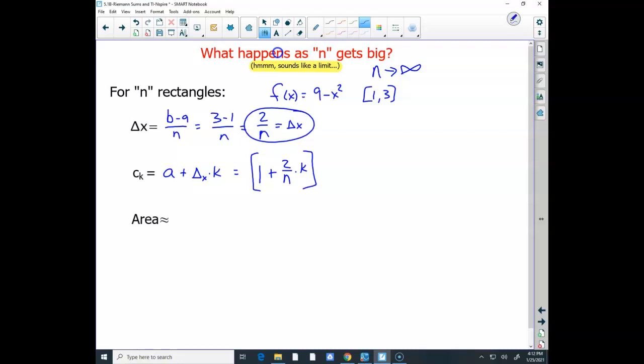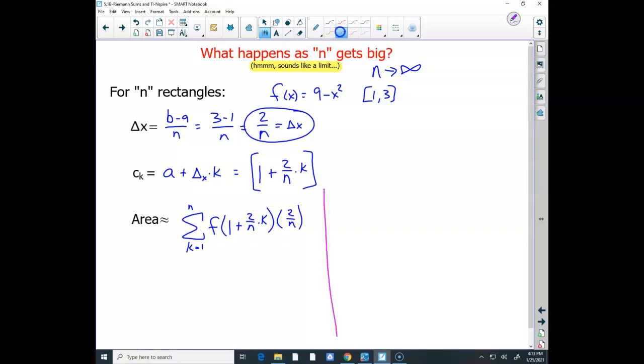I've got to plug it in for my summation. Now k is going to go from 1 to n, because there's going to be n of them in there. And the way we're plugging it in, 1 plus 2 over n times k, times 2 over n.